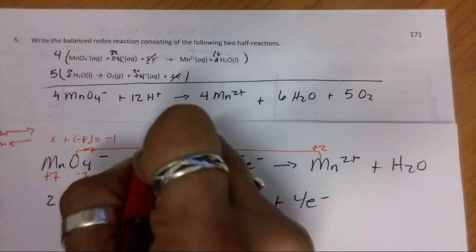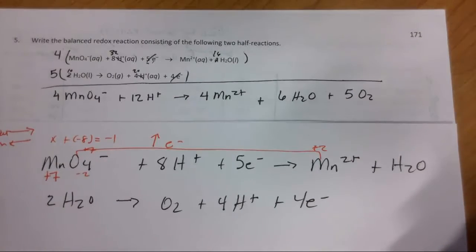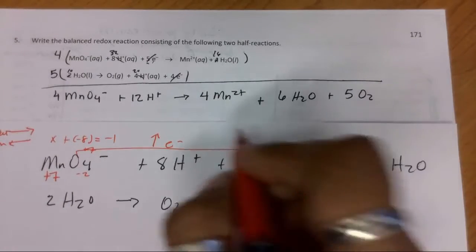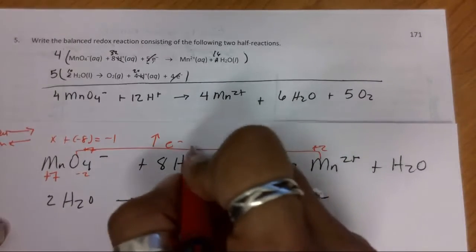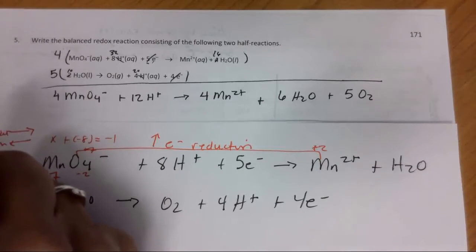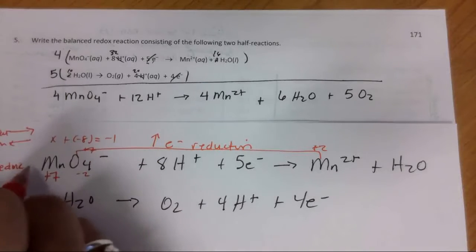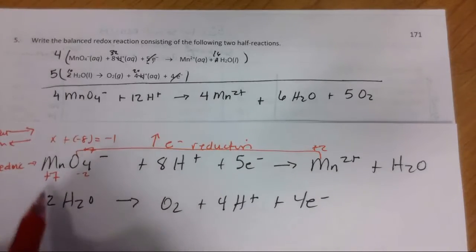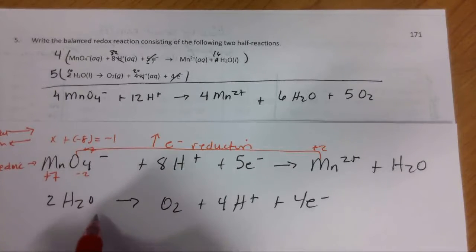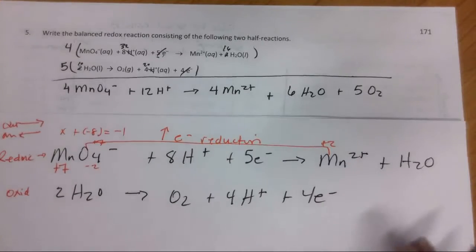So what's happening? We're having a gain in electrons, right? And if I have a gain in electrons, then I have reduction going on. So this is my reduction on this side, on the top, which is my cathode, and then oxidation happens at the anode, right? And so this is my oxidation here.